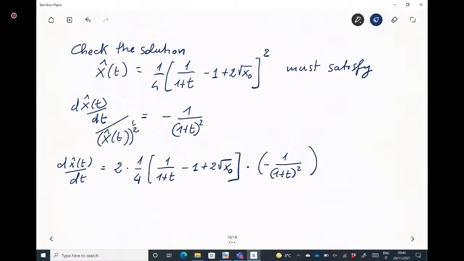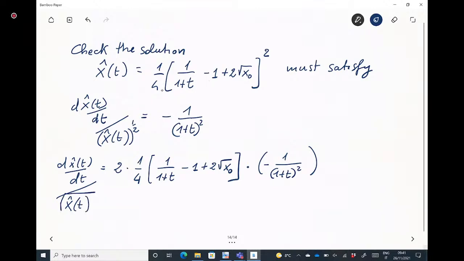On the other hand, let me just compute the fraction here, the ratio here, okay? If I divide by the square root of x(t), the square root of the solution is this one.